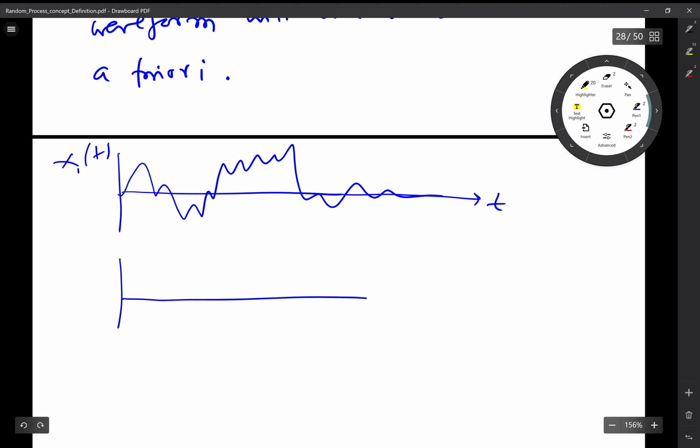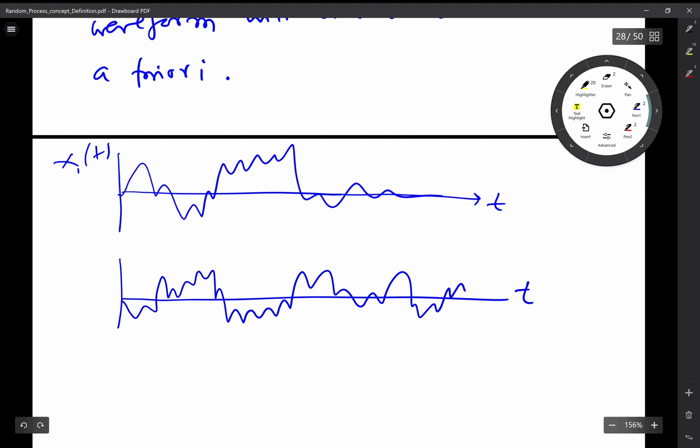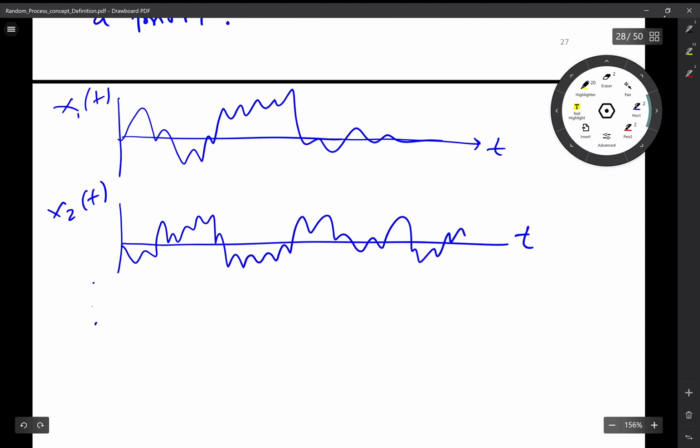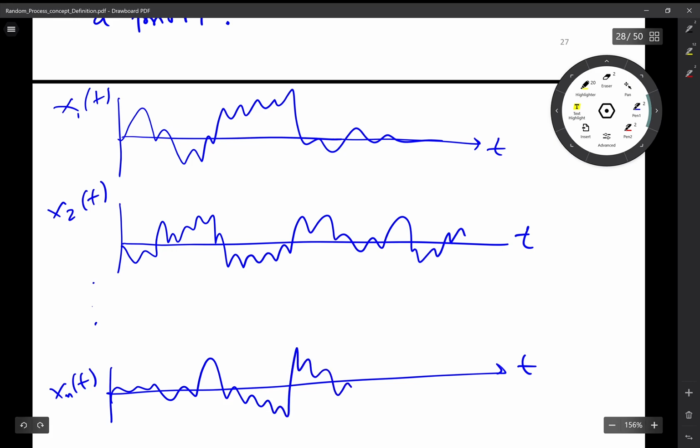We have another realization, t versus x2(t), and we have several other realizations, and ultimately we might have xn(t). Now let's say we want to describe the process. How can we describe the process?